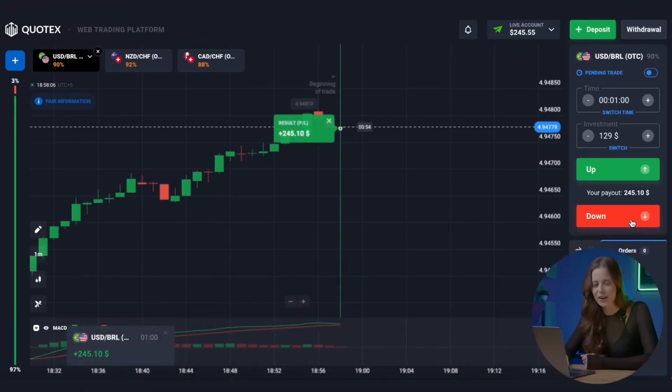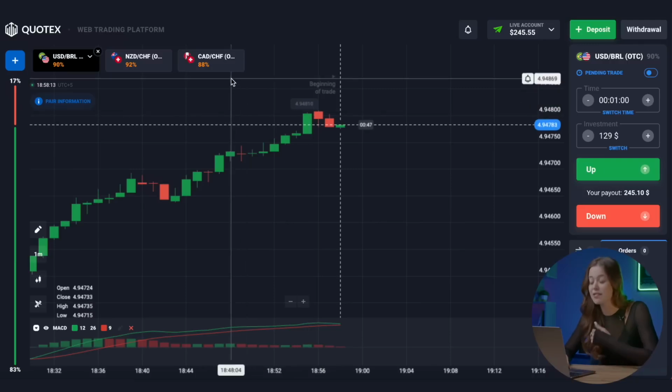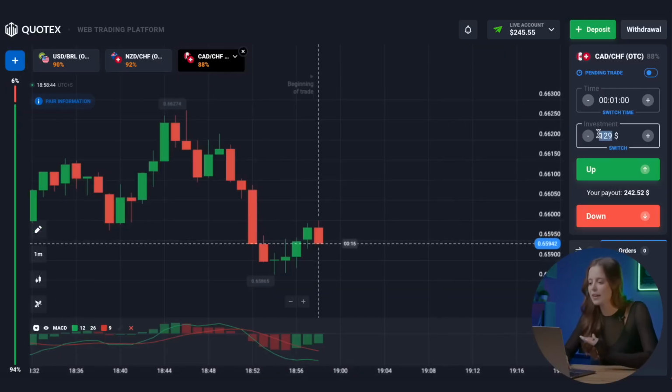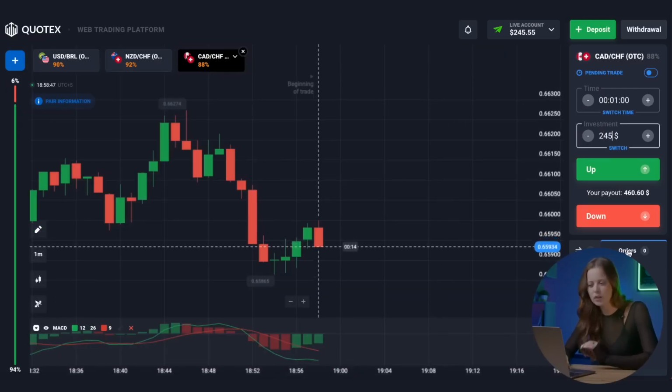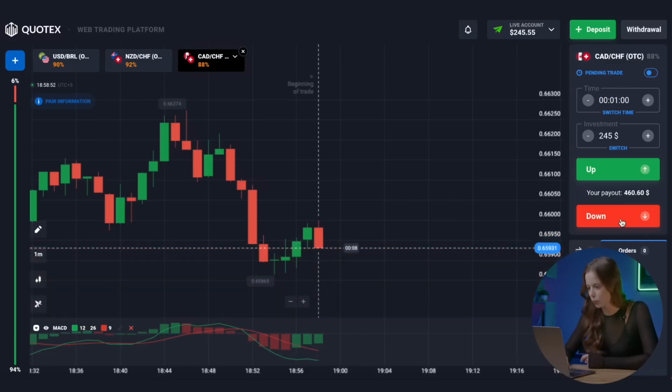Excellent! We have a great day today. From $10 we are already up to $245. This is unbelievable. The movement here is perfectly clear from the MACD indicator, and it's quite obvious that we should put our $245 on the put option.